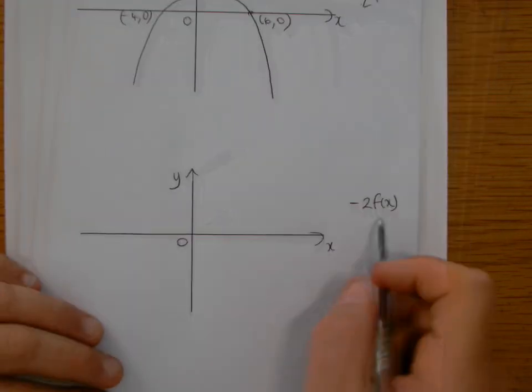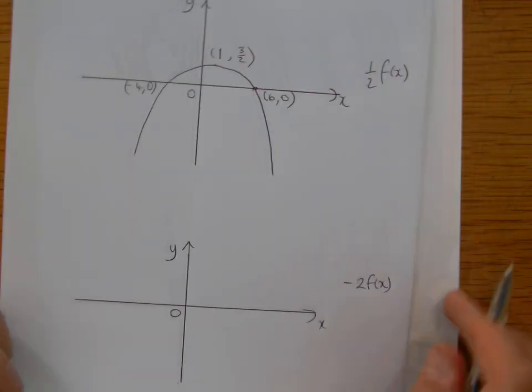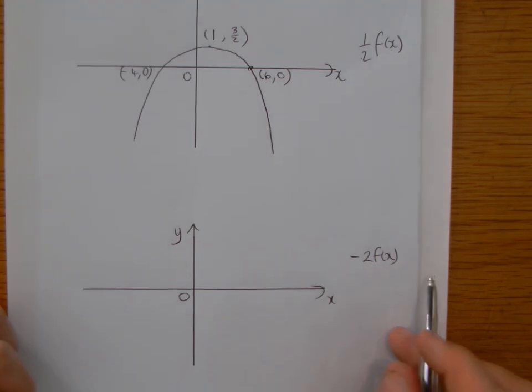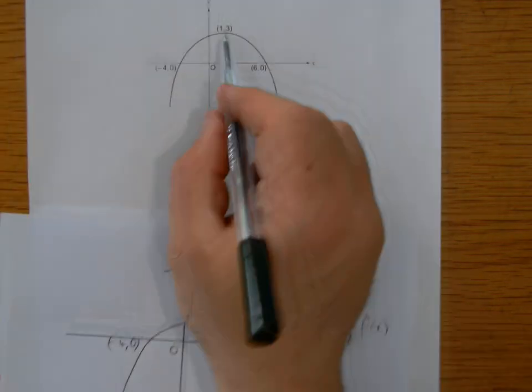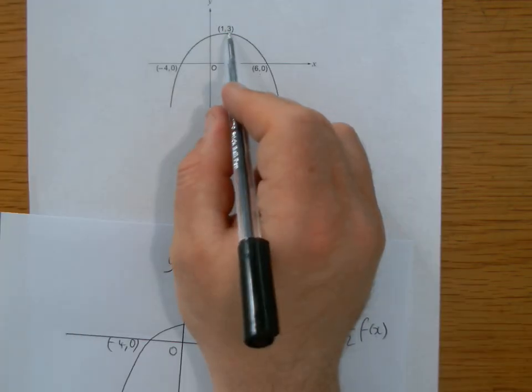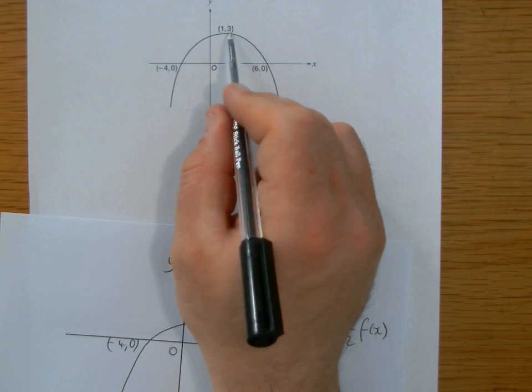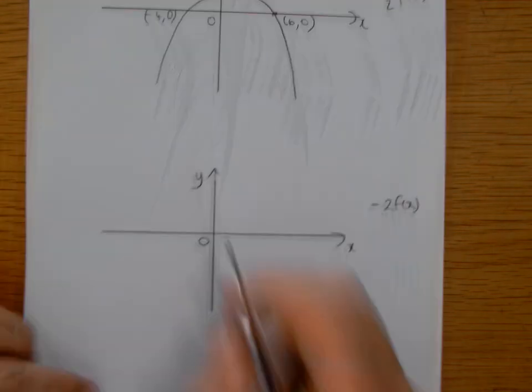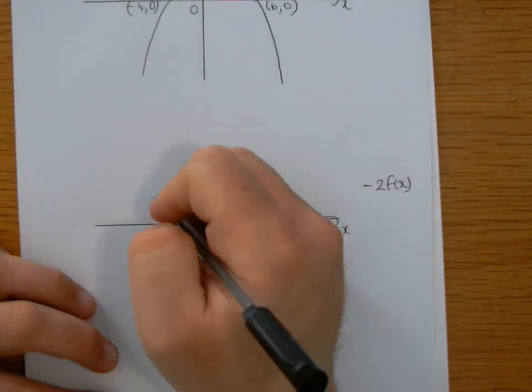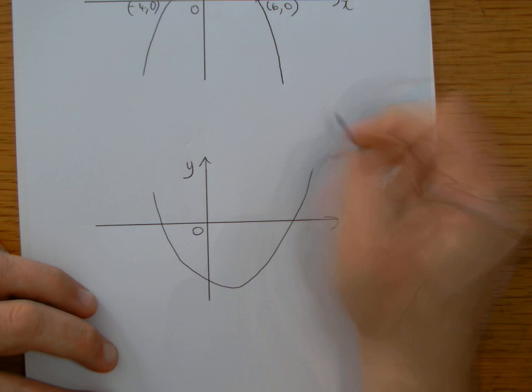Similarly, if you had minus 2f of x, well, you're timesing by minus 2. Now be careful here, because if you times it by 2, you get 6. If you times it by minus 2, you get minus 6. So what happens is that the curve gets reflected, a bit like that.